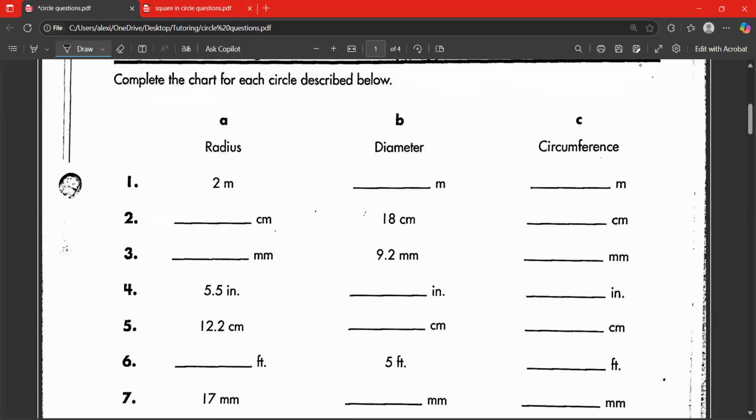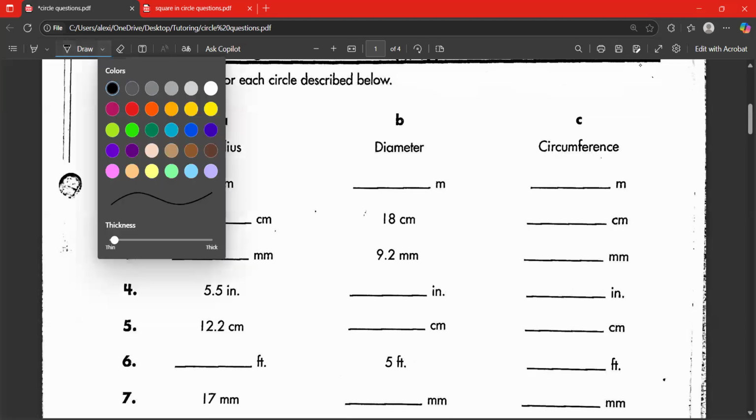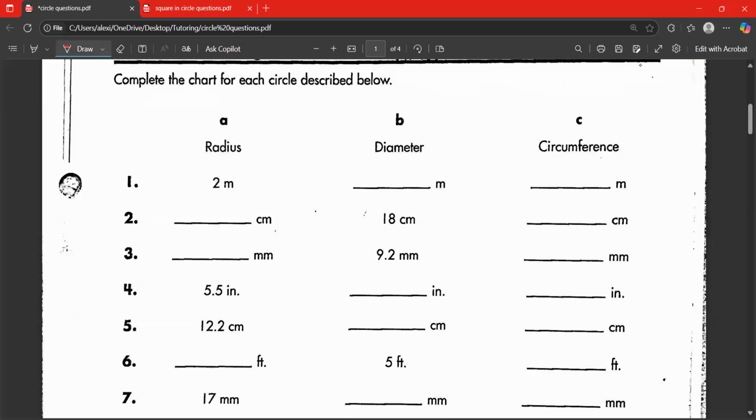All right, let's do some together. Complete the chart for each circle described below. We'll do a few and then move on to the next section. For number 1, the radius is 2 meters. What is the diameter? Diameter is equal to 2 times radius, so that's 2 times 2, which is 4 meters.